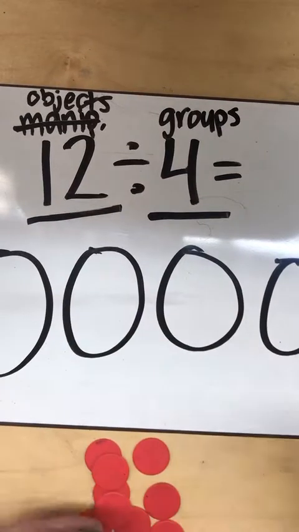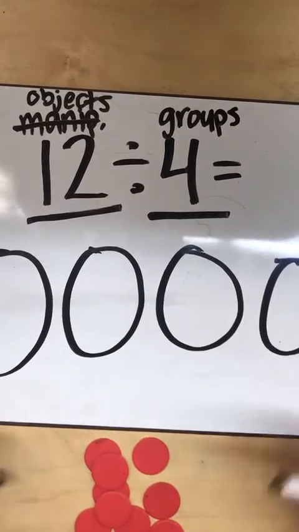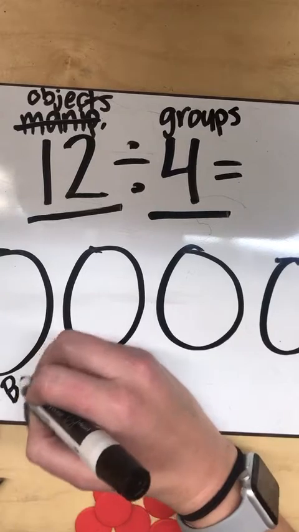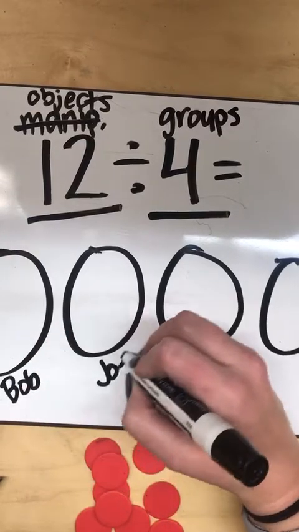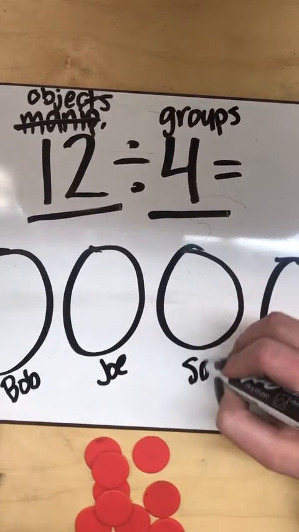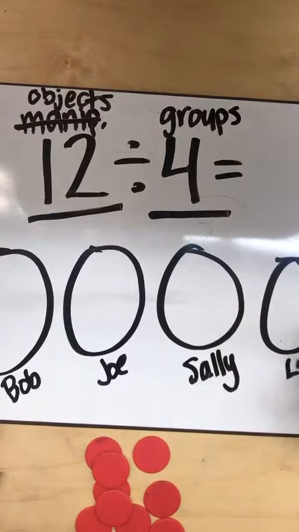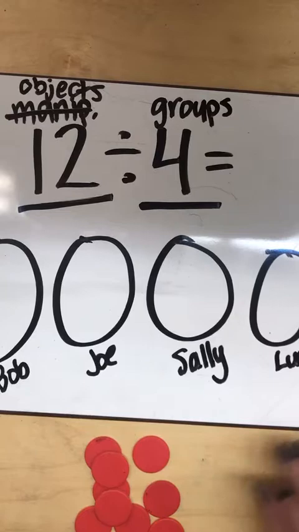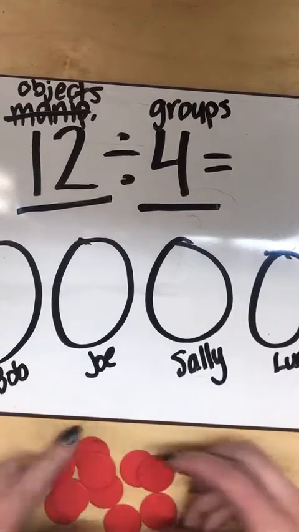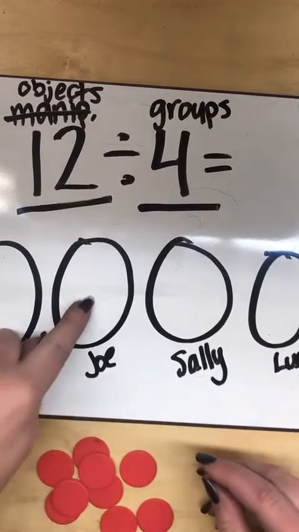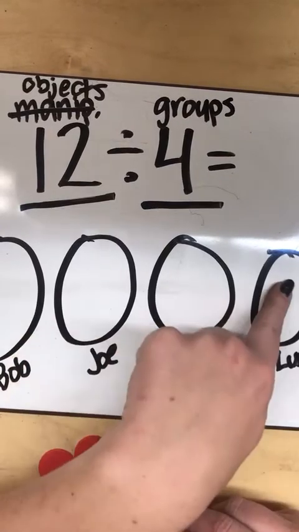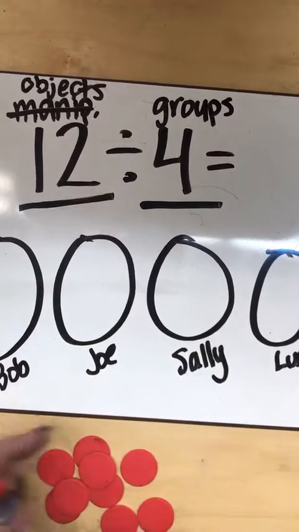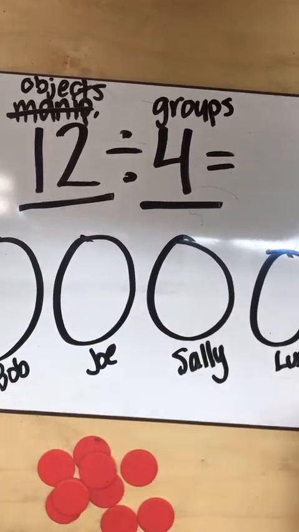Sometimes I even use names, like if this is Bob and Joe and Sally and Lucy, we don't want Bob to get all the apples and Joe to get none and Sally to get 3 and Lucy to get 2. We want to keep them even so everybody gets the same amount.